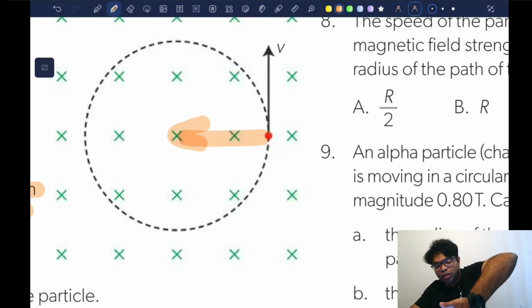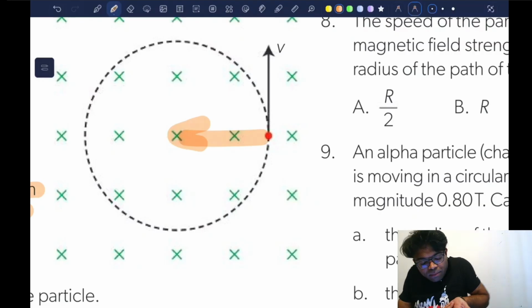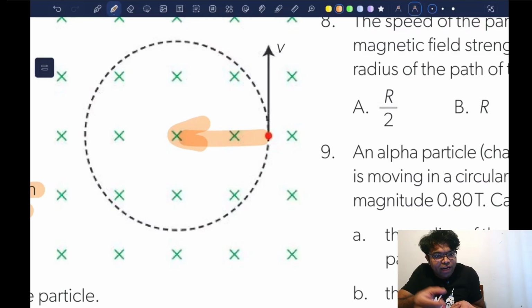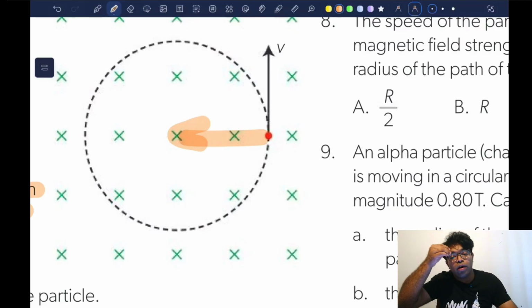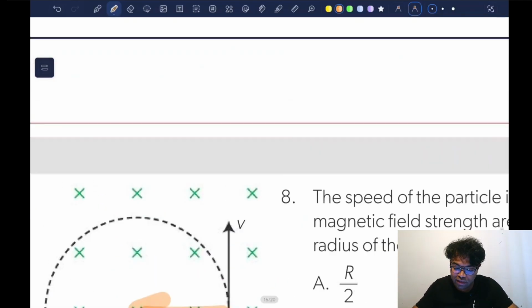So then you have to curl your thumb like this, in the inward direction of the field. And then what else can you do? The current is in the upward direction, right? So if we consider the charge to be positive, is it a positive charge?